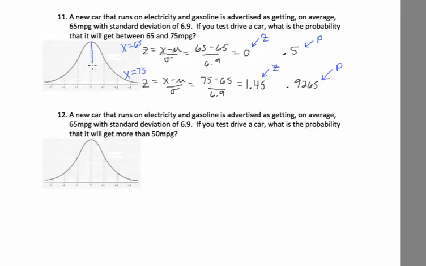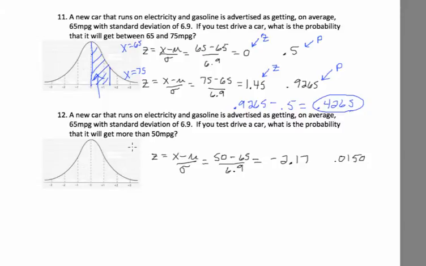So between 0 and 1.45, that's the area I'm looking for. So I subtract my two probabilities, and I find that the probability that you're in the shaded region is 0.4265. About a 42% chance that you're in that area.